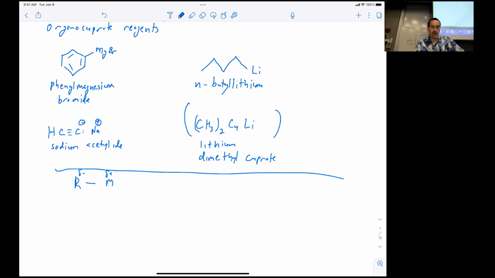So an sp hybridized carbon in sodium acetylide really is quite good at stabilizing those electrons. So for electronegativity, lithium, another alkali metal, an alkali metal in the second period instead of the third period, has an electronegativity of 1. Magnesium, in our Grignard reagents, has an electronegativity of 1.3.